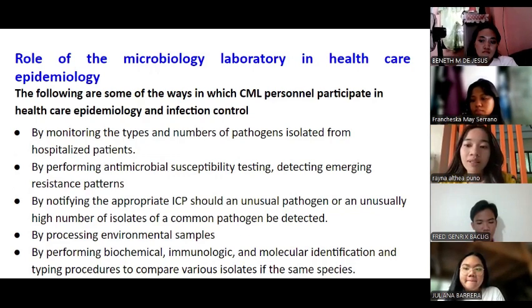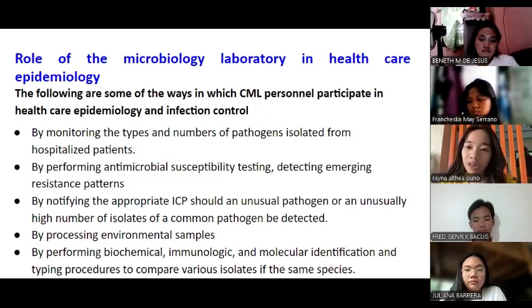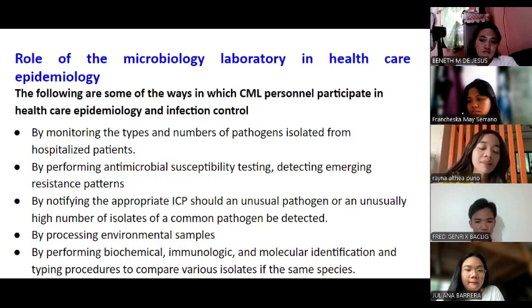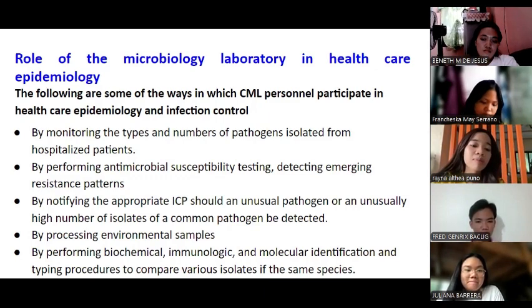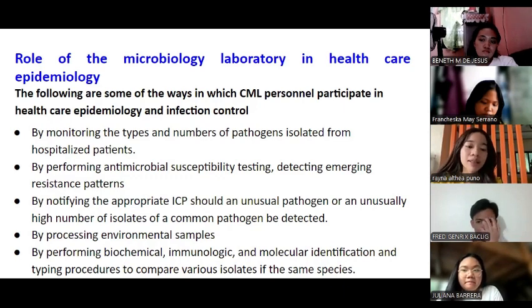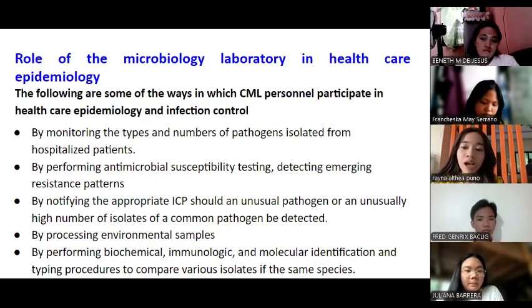The lab tracks the types and quantities of pathogens found in hospitalized patients. The monitoring helps identify trends in infections and outbreaks, allowing for timely interventions. Next is performing antimicrobial susceptibility testing, detecting emerging resistance patterns.